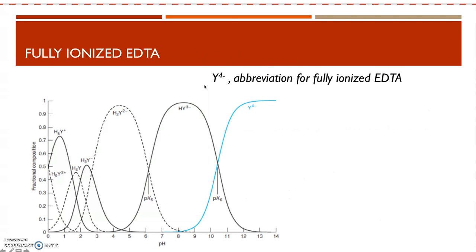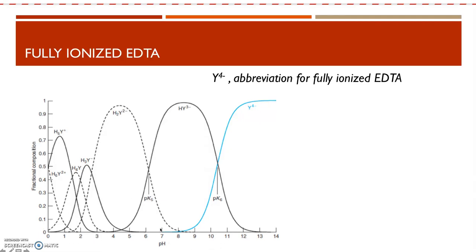That Y4- abbreviation is what we use for the fully ionized EDTA. So instead of writing out the whole molecular formula, often you'll see this written as Y4-, which means all 4 acidic protons have been removed. Then HY3- means that only 3 of those acidic protons have been removed, or H2Y2-, etc. And what we have here is the fraction of molecules in the different ionization states as a function of pH.